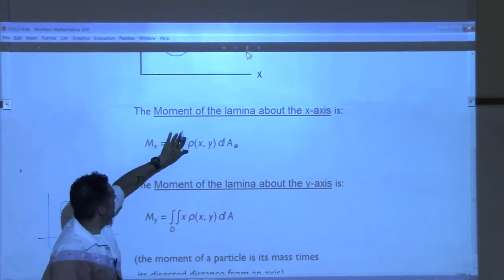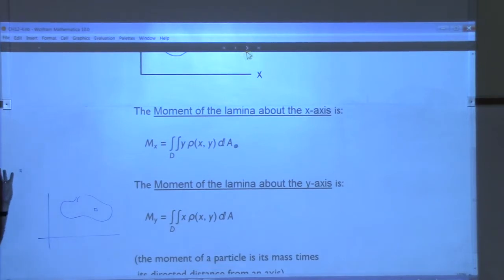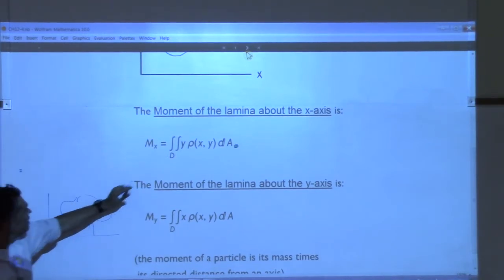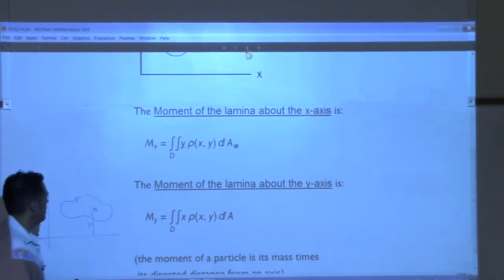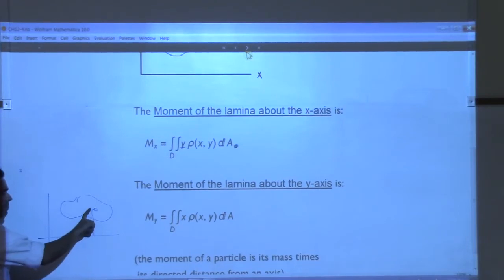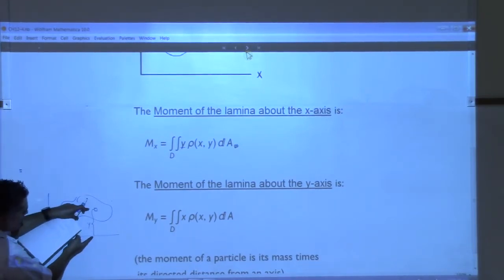But what does multiplying by y then do? It's taking that mass and scaling it by how far away it is from the x-axis, because this is the y-coordinate. So we're multiplying by the y-coordinate of that point, which gives some sort of relationship between it and its distance from the x-axis.